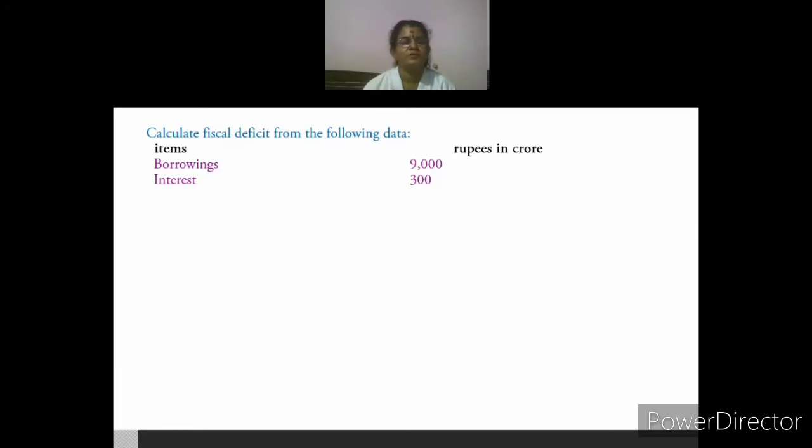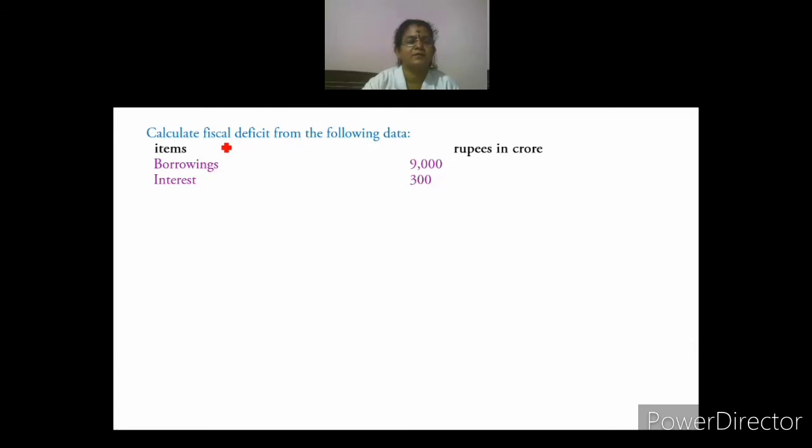Let us move on to the next numerical. Calculate fiscal deficit from the following data. The items given here are borrowings and interest. When you see borrowings, you will understand very well that fiscal deficit is equal to borrowings.